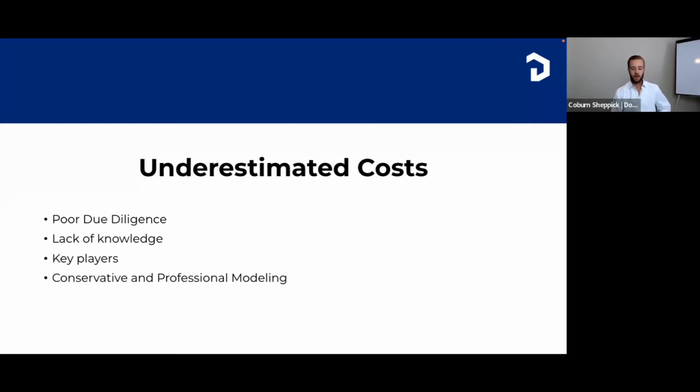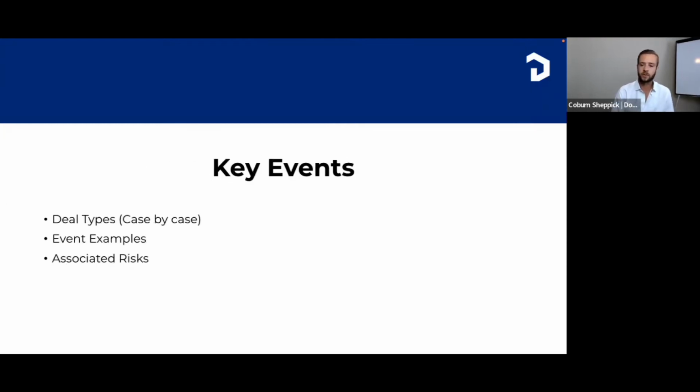So underestimated costs are a big one that seem like common sense, and unfortunately it is one of the biggest risks. Key events, which we brought up earlier, are a big one, and it's case by case. It's by deal type.